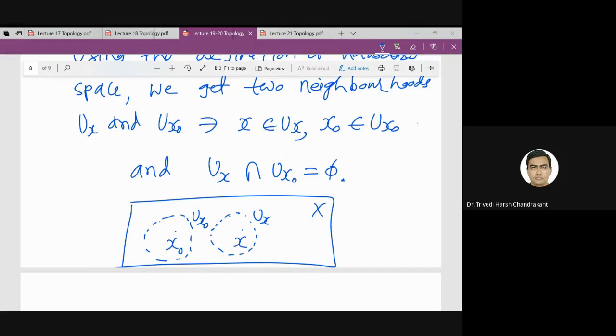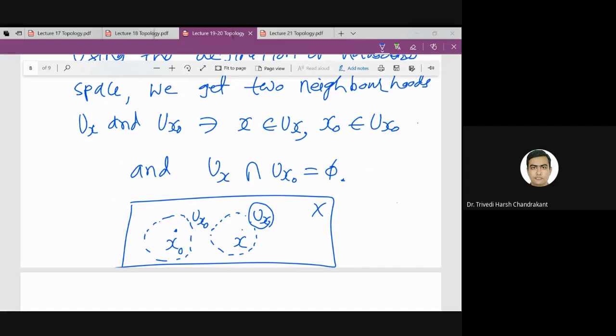So now what can we say? Because we know Ux intersection Ux naught is phi, and x naught belongs to Ux naught. So basically we know that Ux cannot contain the point x naught, right? Because Ux intersection Ux naught is the null set and Ux naught contains x naught.